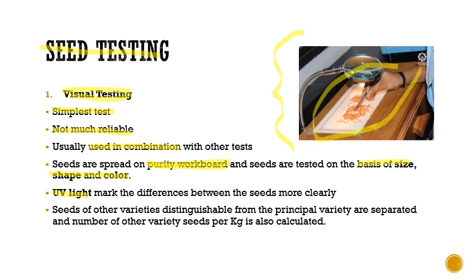The seeds of other varieties distinguishable from the principal variety, or your standard seeds, are separated, and the number of other varieties that got admixed into your desirable seeds is calculated. How many other variety seeds are present per kg is also calculated so that we can have an estimate of your GP, or genetic purity.